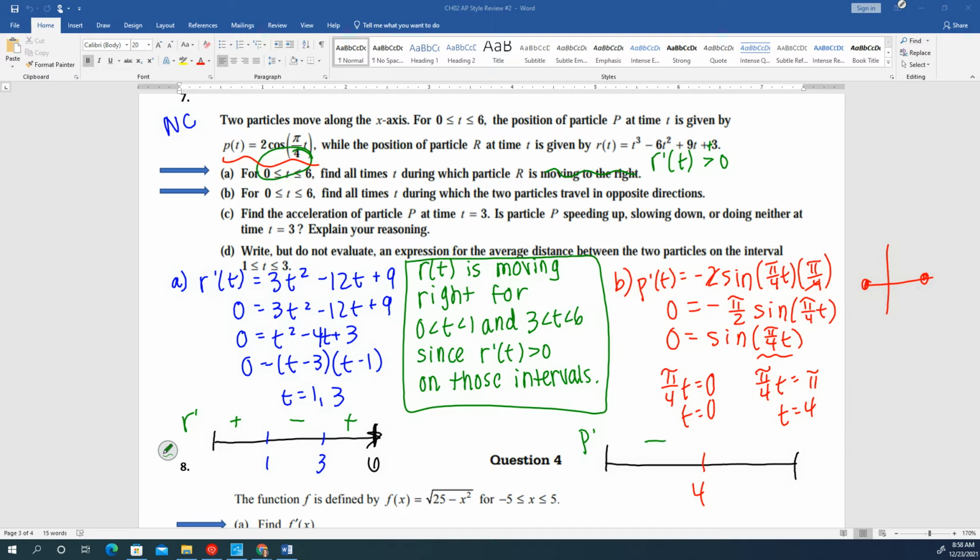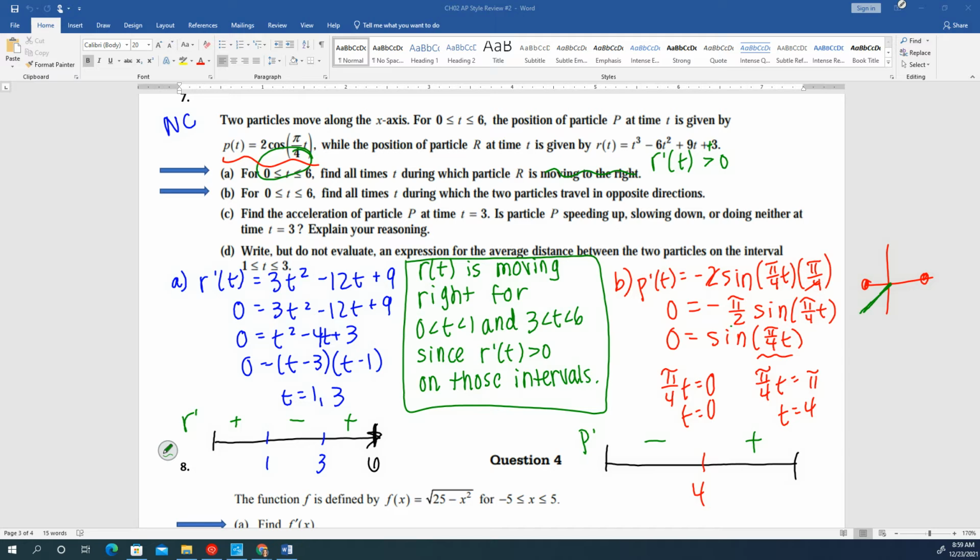Okay, follow my thinking there. I could plug in, no, I can't plug in 8. I could plug in 5. Sine of 5 pi over 4, that's down here, is negative, times negative pi over 2 is positive. Okay, follow my thinking there. Again, you have to do this without a calculator. So I was going to plug in 8 to make that a nice 2 pi, but I realized that's not my interval. We're only going from 0 to 6. So you'd have to plug in like 5 or something.